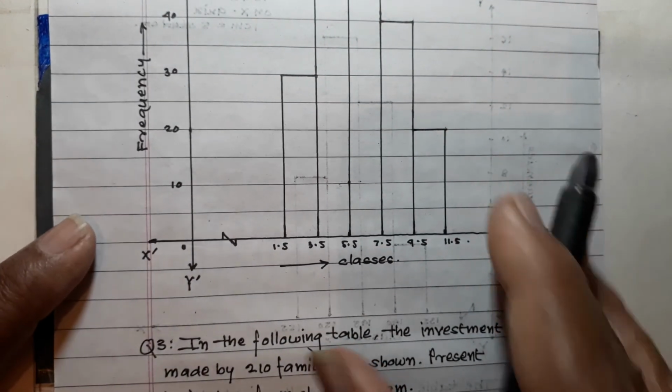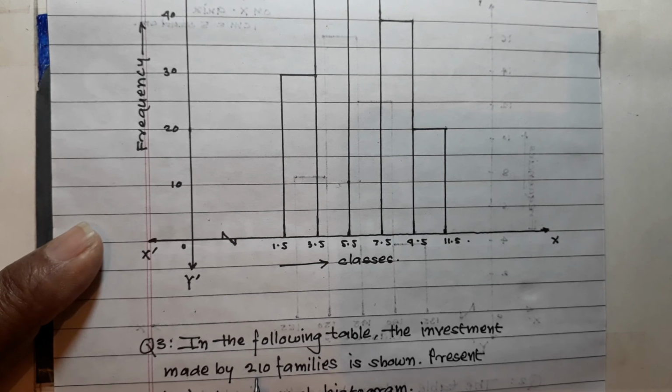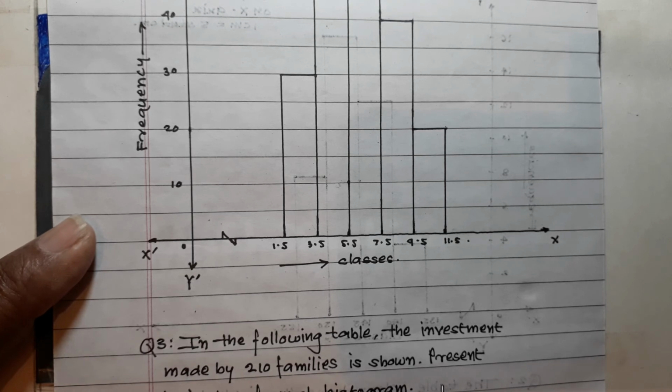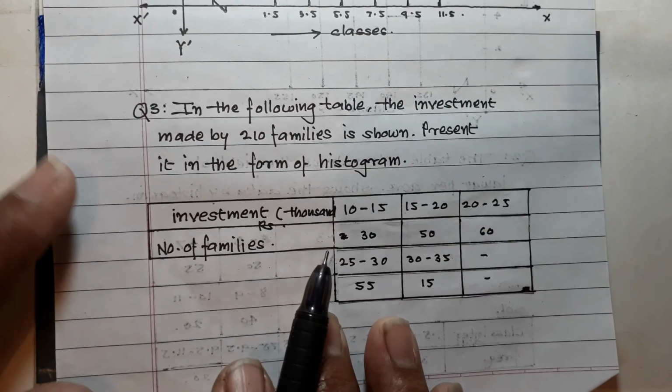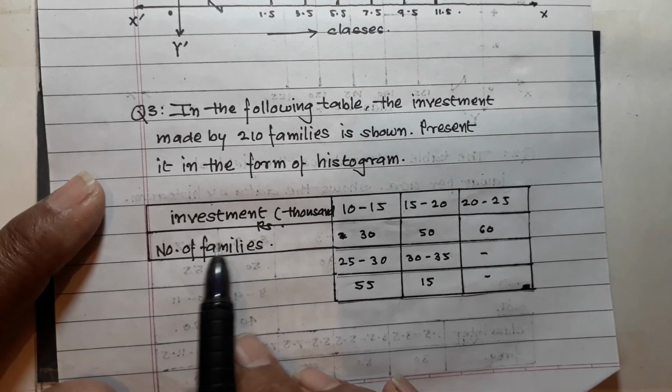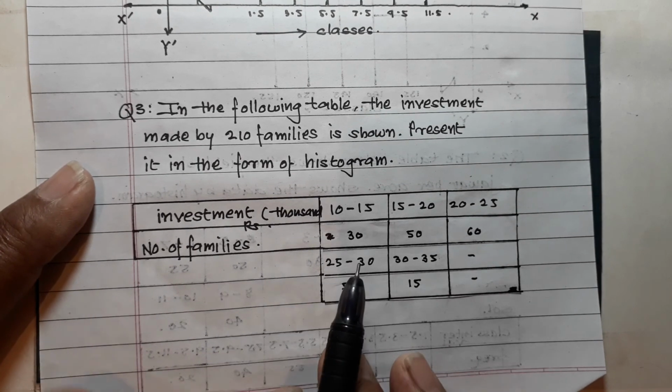Okay. Question number 3. In the following table, the investment made by 210 families is shown. Represent it in the form of a histogram. Okay, now this is a frequency distribution table given, and by means of this table you draw the histogram.